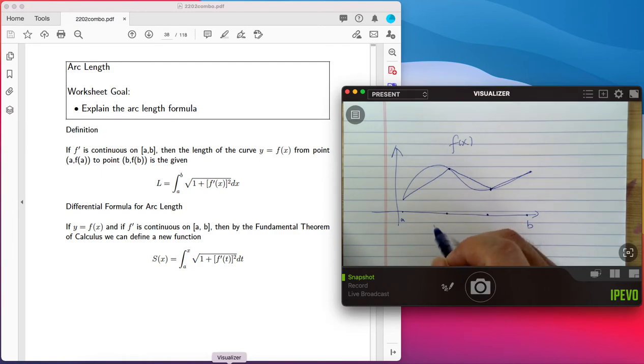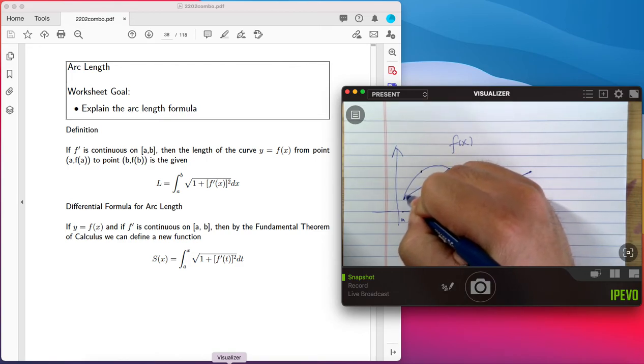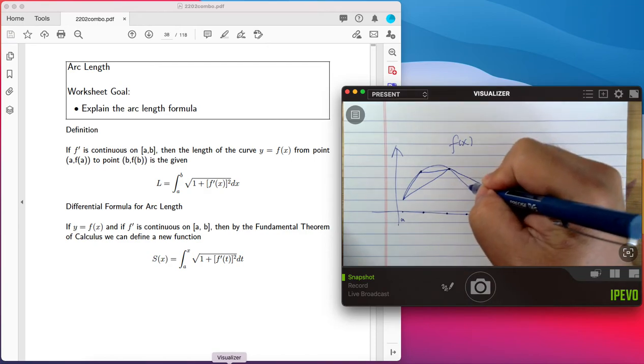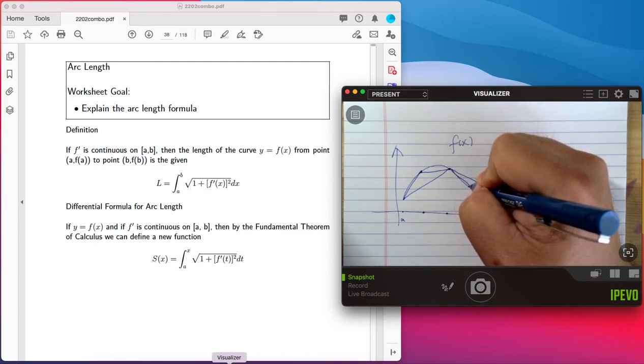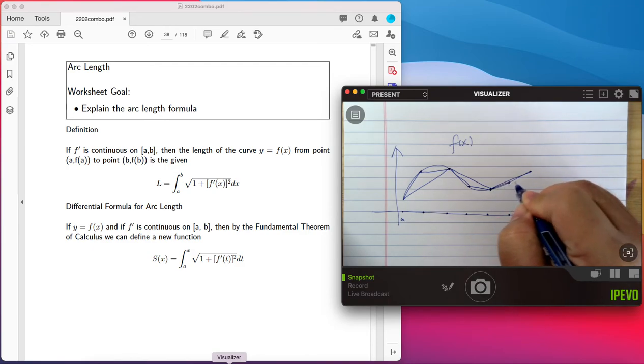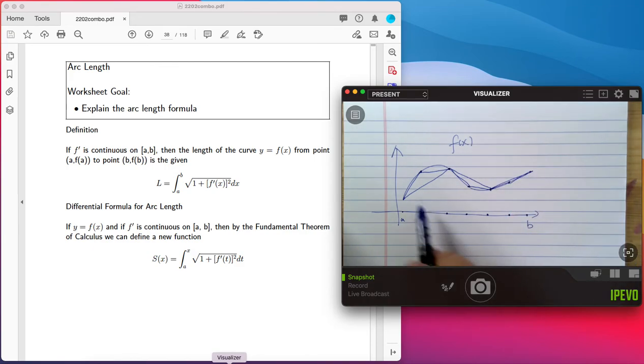But think about this: if I double the number of the partition, do you see that this approximation compared to the original one is becoming way better?